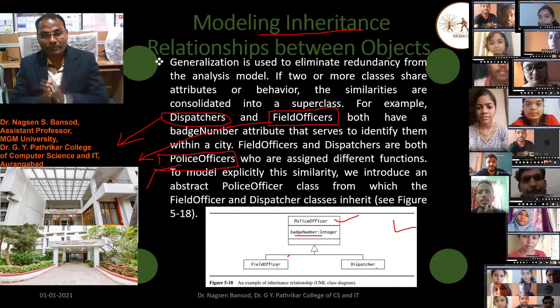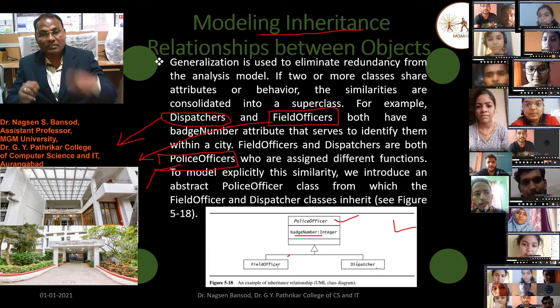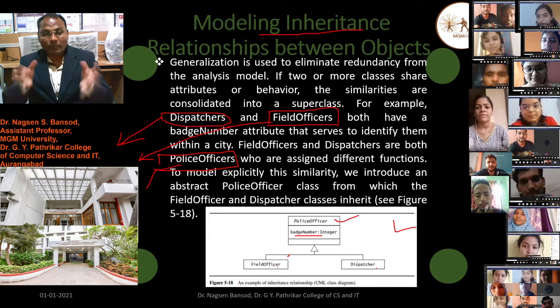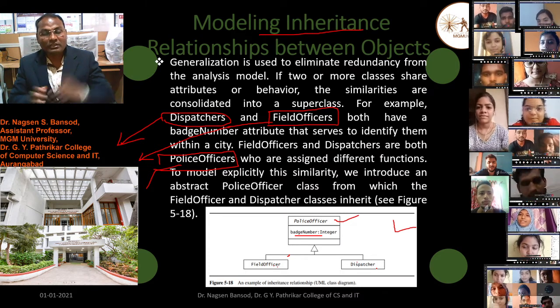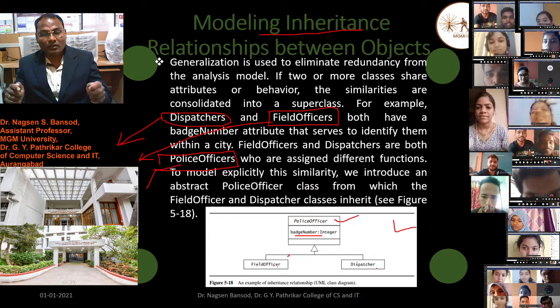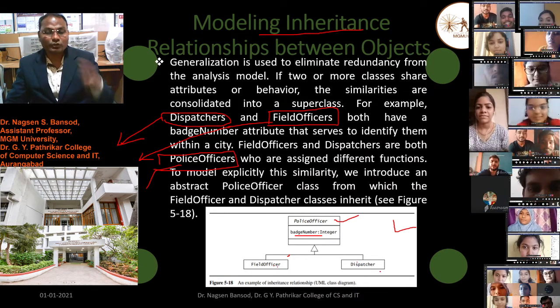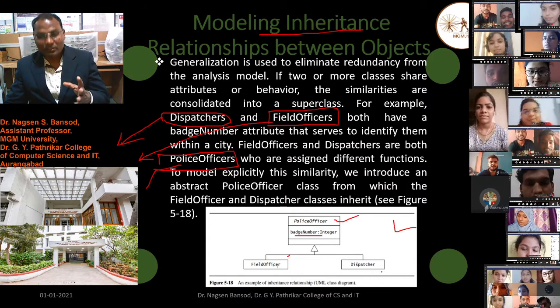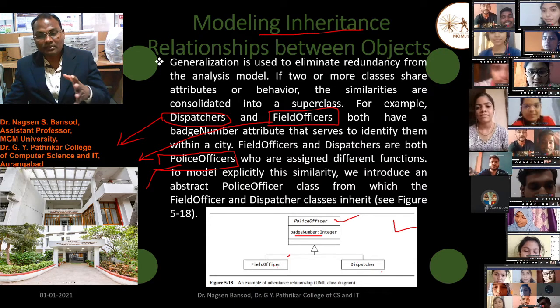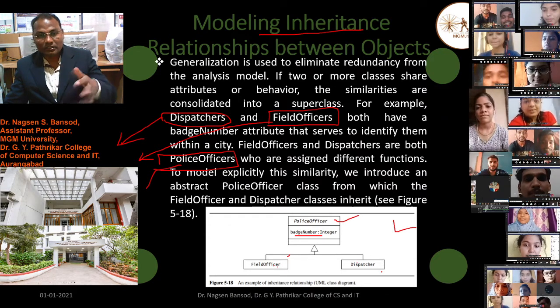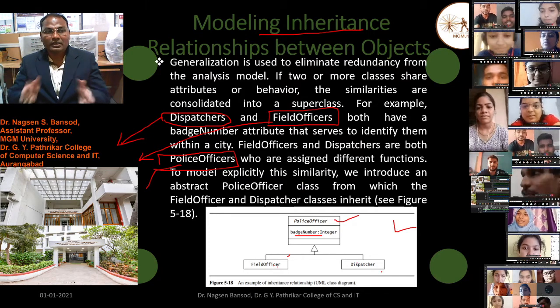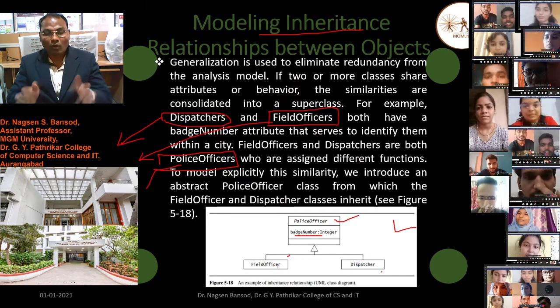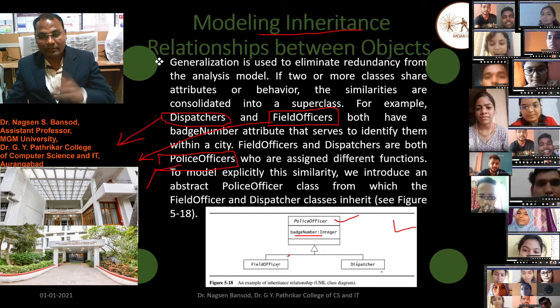The function of the dispatcher is to send resources to the place where the incident takes place, like fire tank, ambulance, JCB, and crane machine, to manage traffic and control the situation at the incident place.